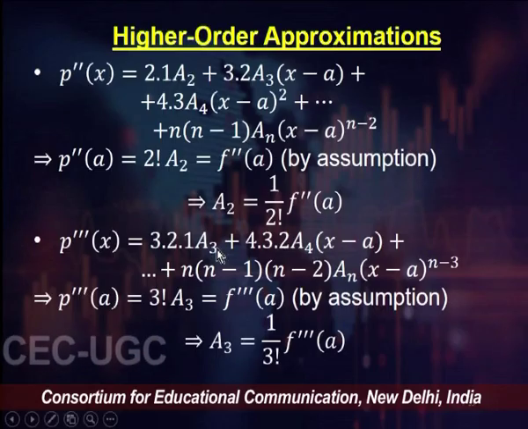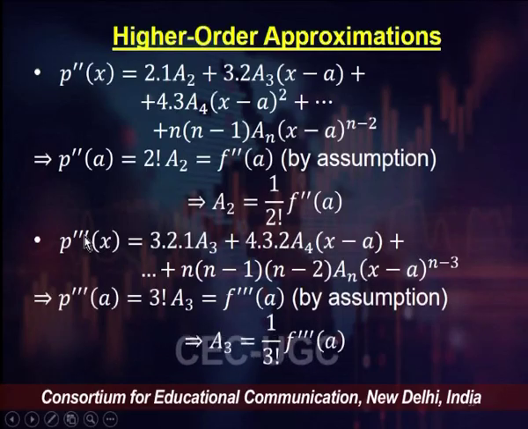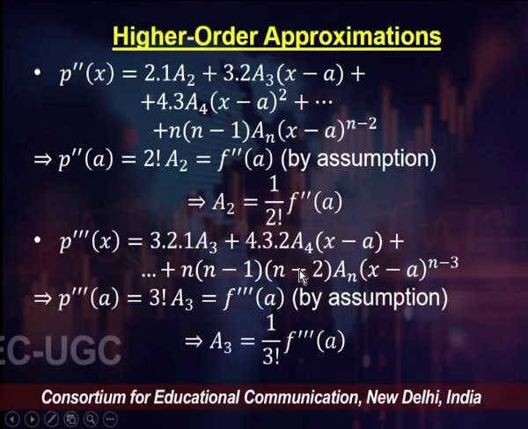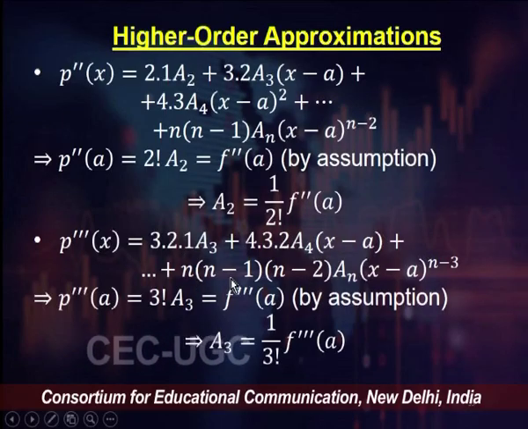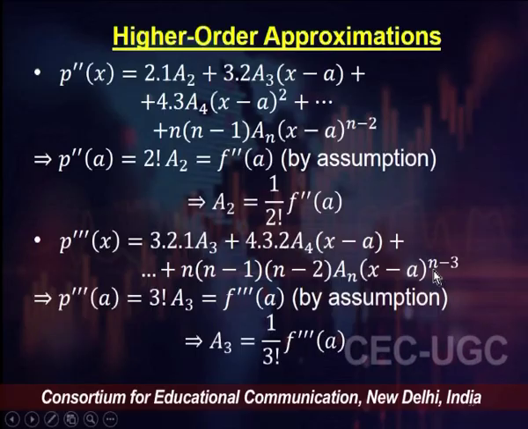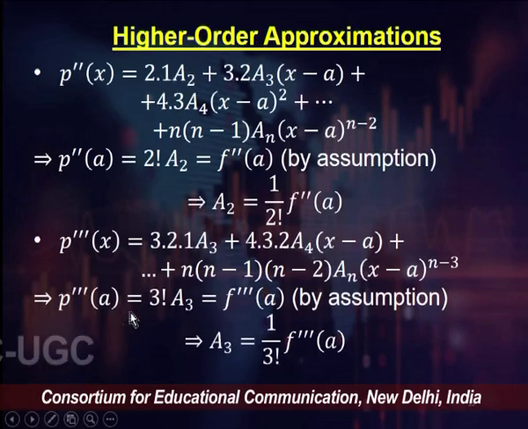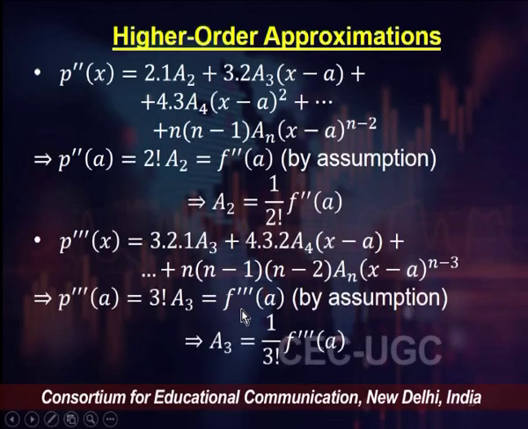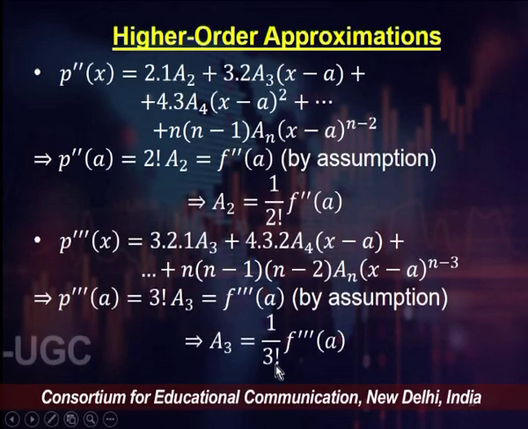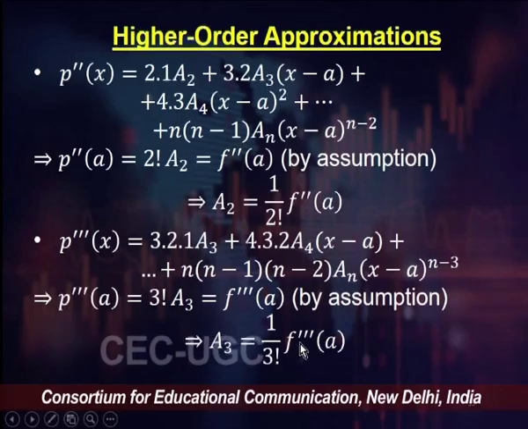The subscript of a in the first term will always be the same as the order of the derivative. And you're going down two numbers, which is one less than the order of the derivative, and you go down to the last term, which is n times n minus 1 times n minus 2 times an times (x minus a) to the power n minus 3. This then gives us the third derivative at a, which is 3 factorial a3, which is by assumption equal to the third derivative of the function. So a3 in turn is equal to 1 by 3 factorial, the third derivative of the function at a.